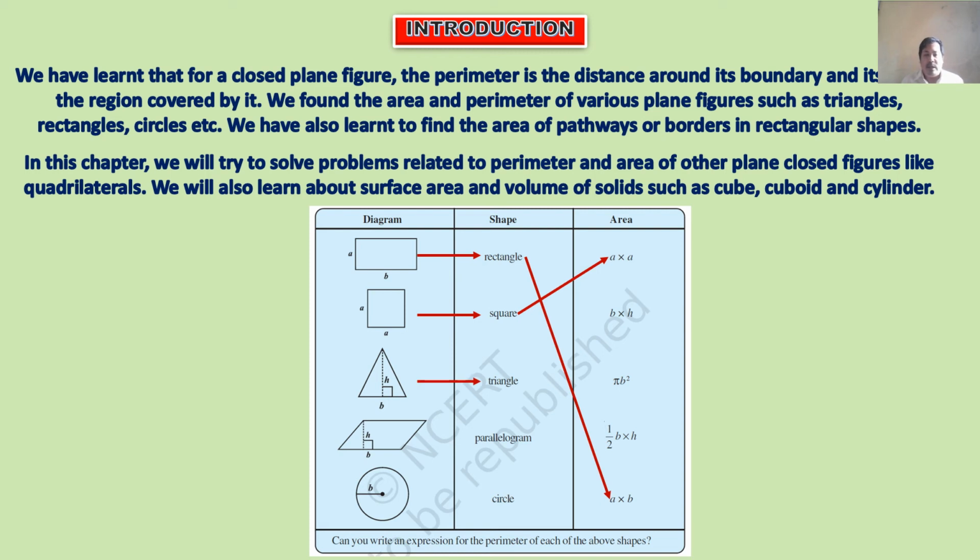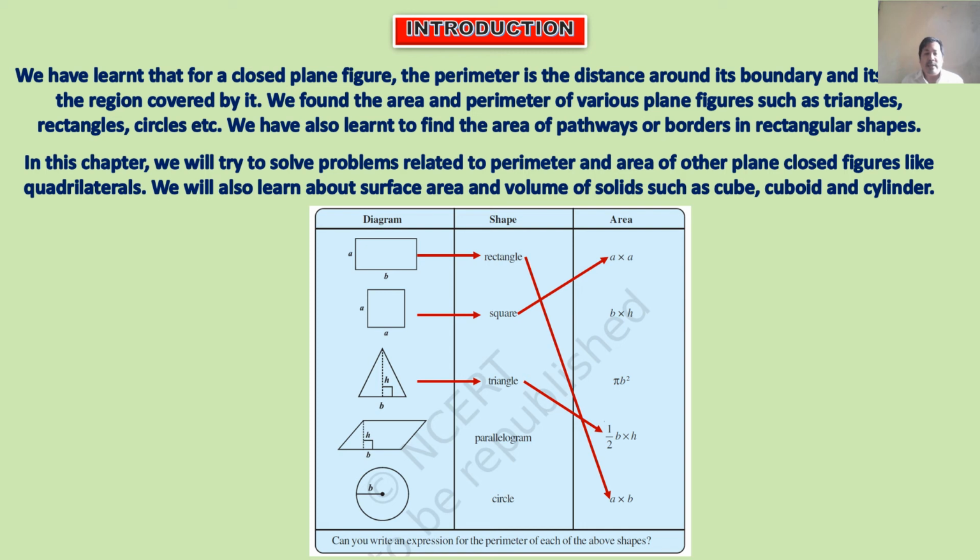The area of the triangle, you know, is half base into height. You can see one dotted line in the figure, that is the height of the triangle, and the line below is the base, so the area of this triangle is half base into height.